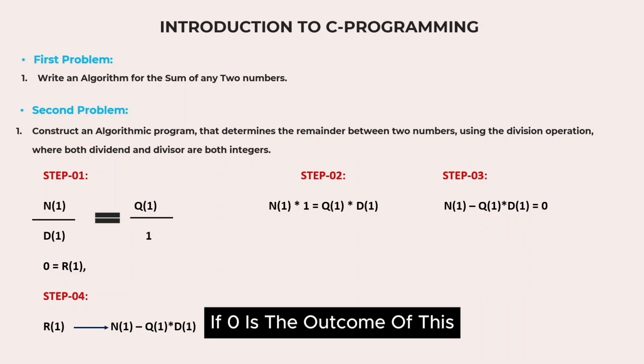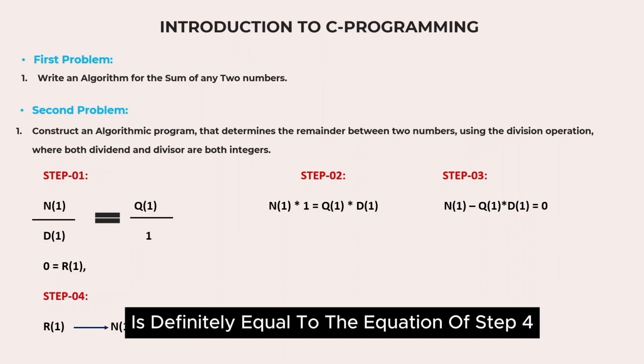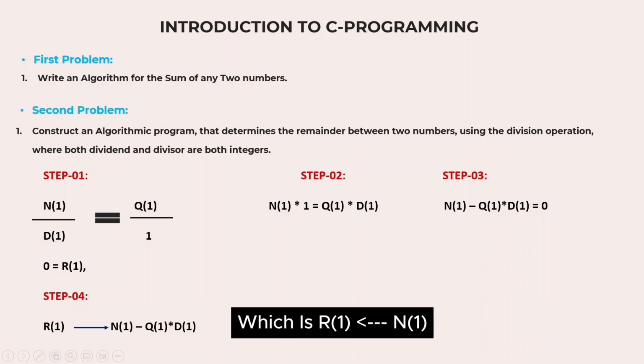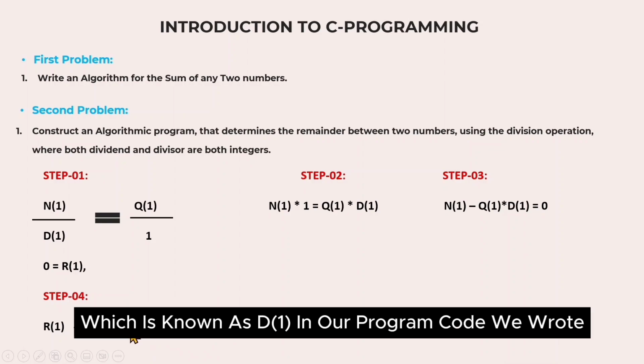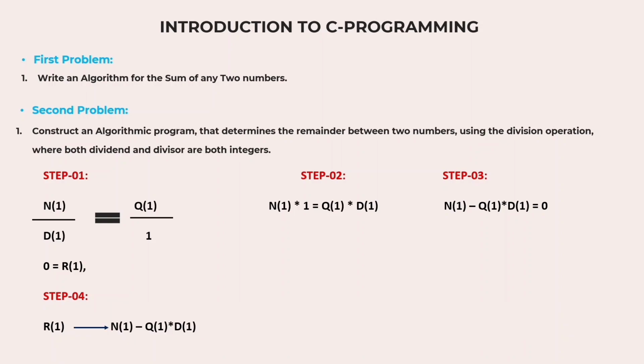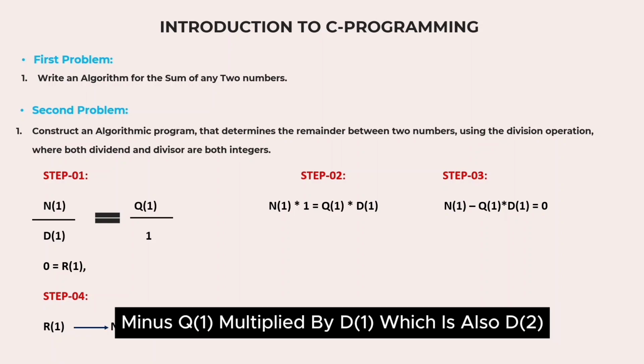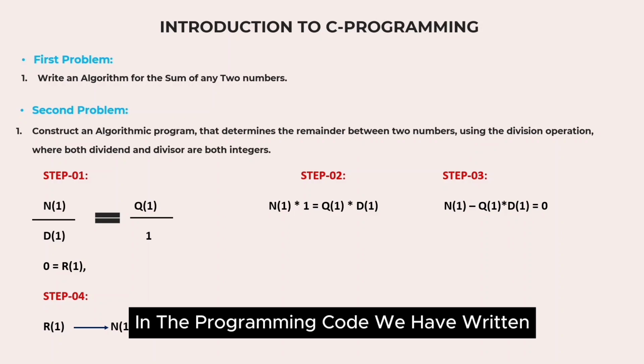If 0 is the outcome of this computational value of step 3, also known as the remainder, then the equation in step 3 is definitely equal to the equation of step 4, which is R1 points to N1, which is known as D1 in the program code we wrote, minus Q1 multiplied by D1, which is also D2 in the programming code we have written.